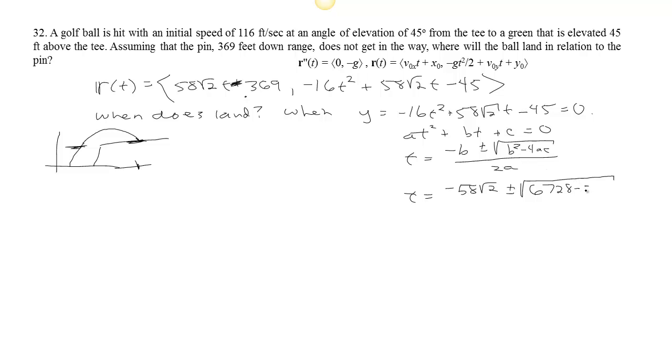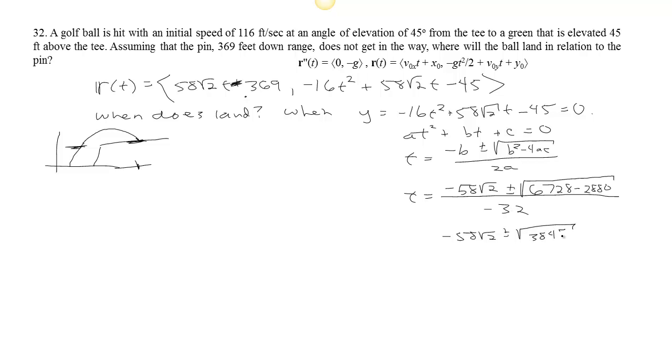So that is 2880 all over 2a. Let's see, a is negative 16, so 2a would be negative 32. Figure out what's underneath that square root, and that's 3848.